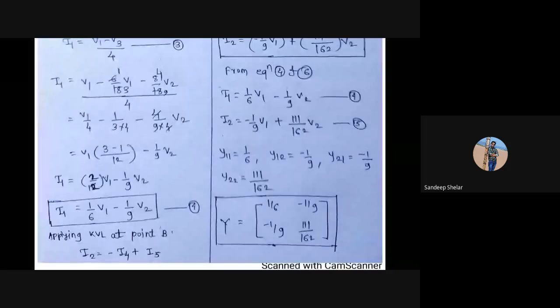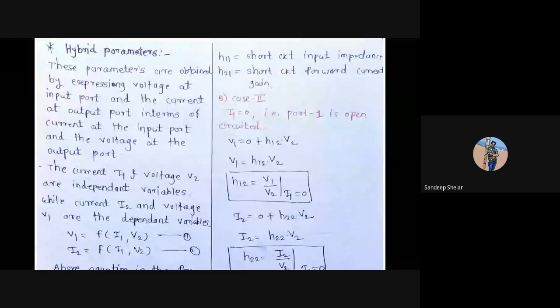Now we have to explain the hybrid parameter. The hybrid parameter consists of a two-port network in which the voltage at the input port and the current at the output port are involved.